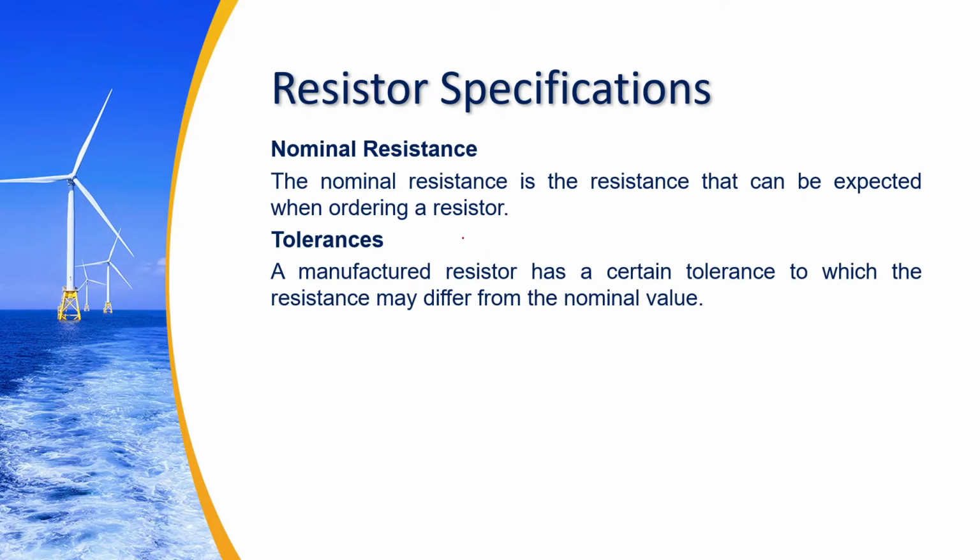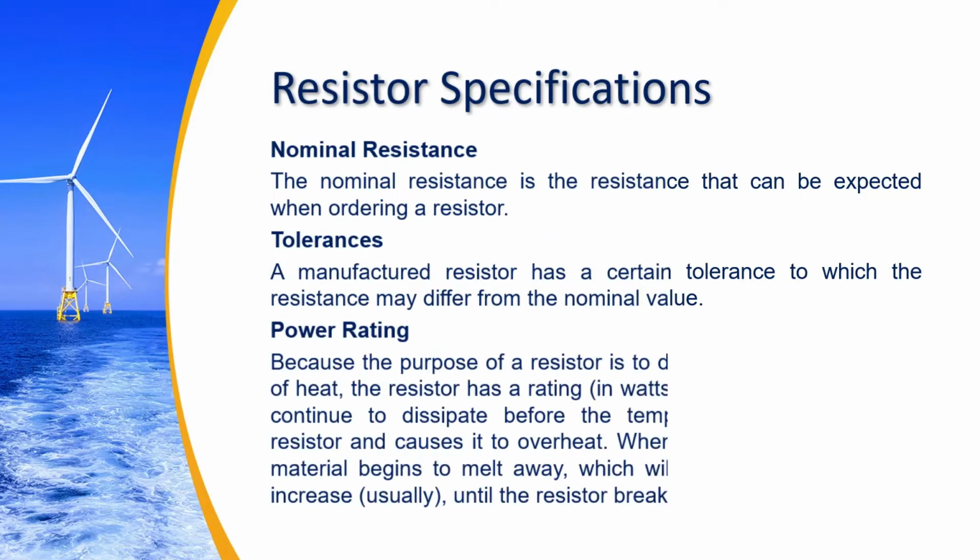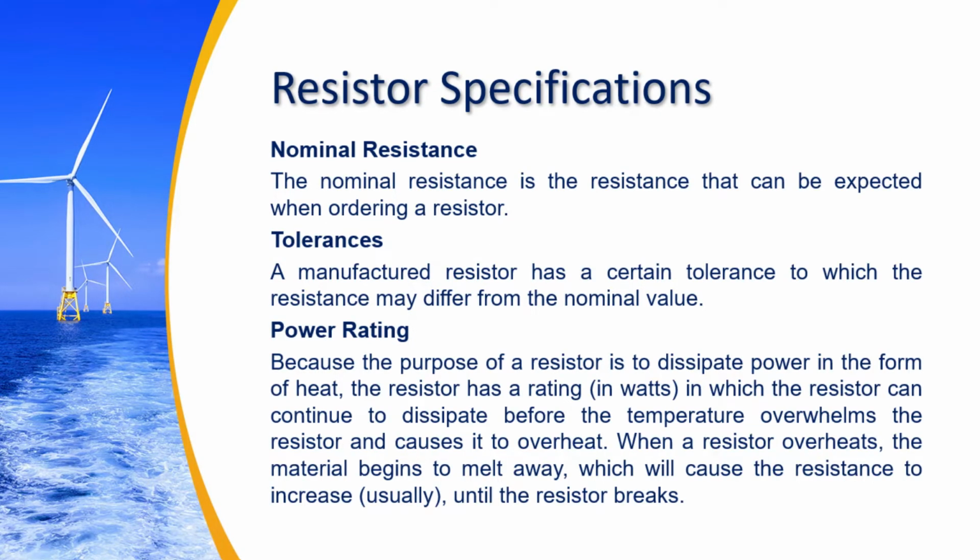So, ibig sabihin, kapag nakita natin ang plus minus, kunwari is 10%, okay? Sabihin, tolerance yan. So, example, meron tayong nominal na 100 ohm na may tolerance daw na plus minus 10%. So, ibig sabihin, kunin natin yung 10% ng 100. Okay? So, next, power rating.